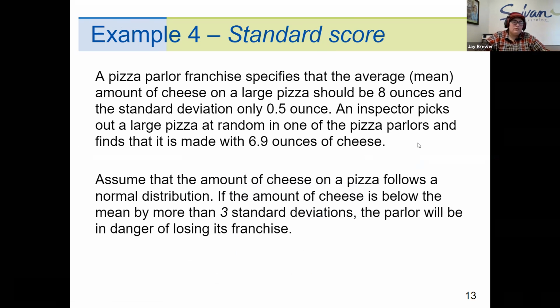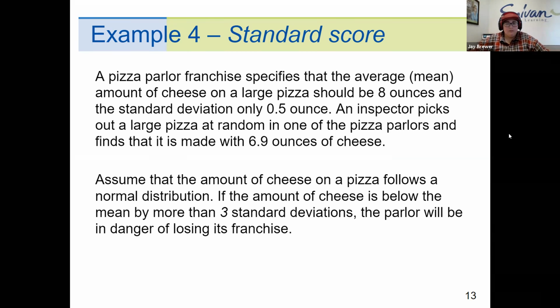A pizza parlor franchise specifies that the average amount of cheese on a large pizza should be 8 ounces with a standard deviation of only 0.5 ounce. An inspector picks out a large pizza at random in one of the pizza parlors and finds that it is made with 6.9 ounces of cheese.